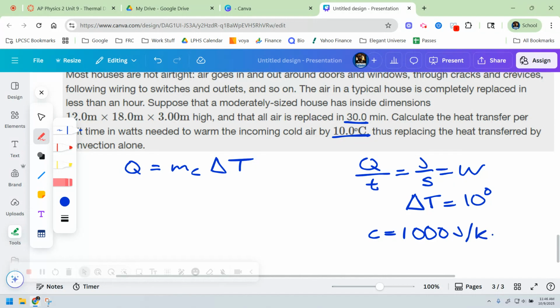You can look this up. Let me think if there's anything else. Specific heat here is the weighted average between nitrogen and oxygen.